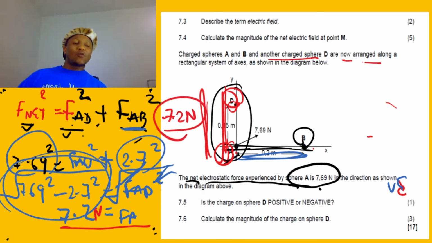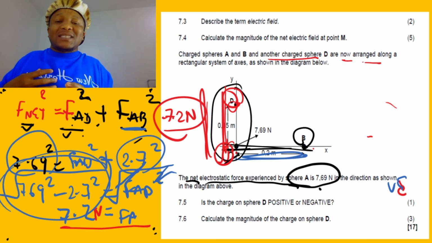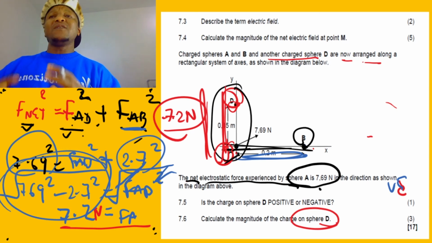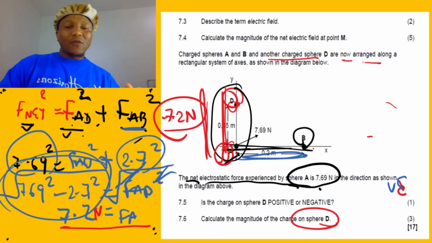Wow. So what do they want? We're not done yet because they didn't just ask for force of AD. Now they want the magnitude of sphere D. If I have a force, to get the magnitude of another sphere it's easy.